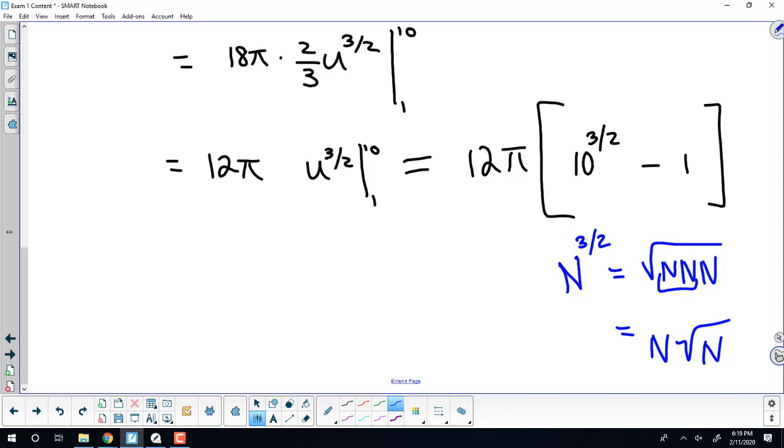Yeah, 10 root 10. I'm not really that picky. If you left it like this right here, it's totally fine.